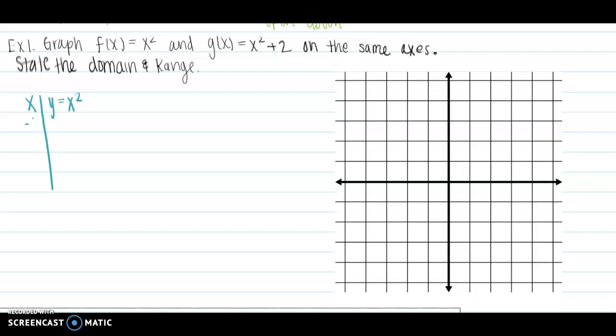So let's just do -2, -1, 0, 1 and 2. So -2 squared, you've got to put parentheses around it. So that would be 4. -1 squared is 1. 0 squared is 0. 1 squared is 1. 2 squared is 4. Alright, so I'm going to go ahead and graph that.